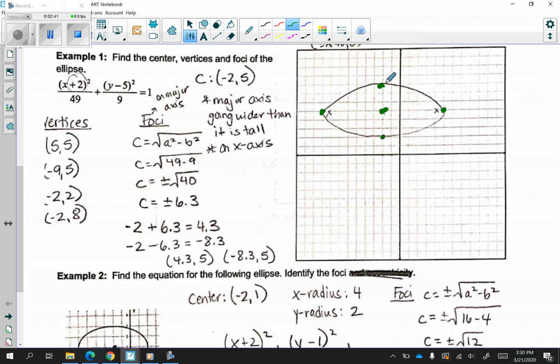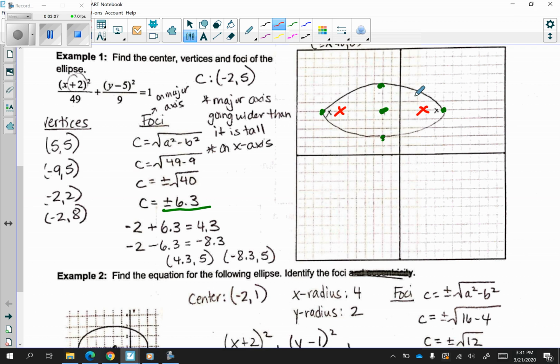You can then locate the vertices here, here, here, and here. And the foci is the square root of 49 minus 9, which is plus or minus radical 40. Now I turn that into a decimal, so plus or minus 6.3 approximately. Now the center is not (0, 0) anymore, it's (-2, 5). My foci is going to be on the x-axis approximately, so it's going to be here and here.